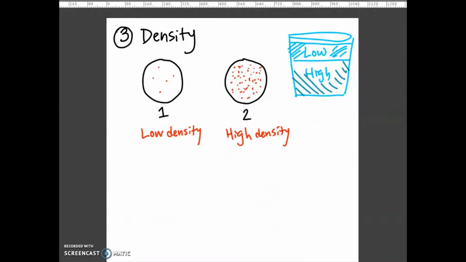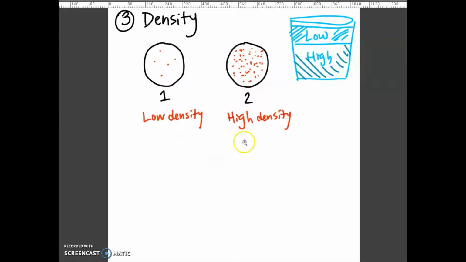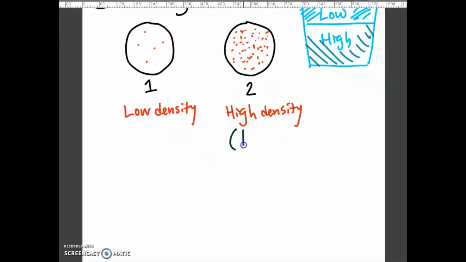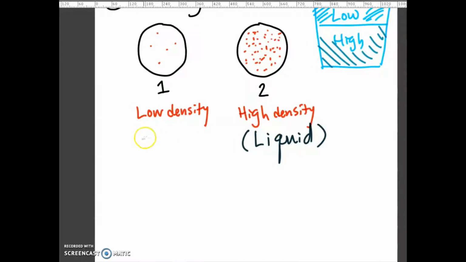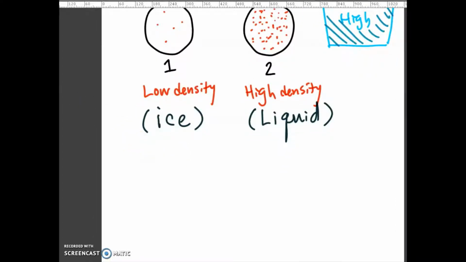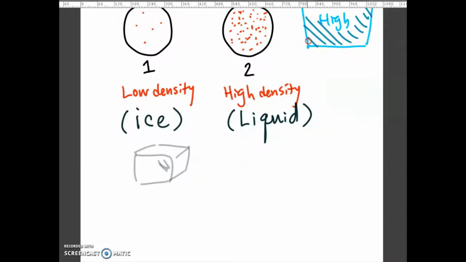That is because water, as a liquid, is going to have relatively high density compared to its ice form. So your ice form of water is actually going to be slightly less dense than your liquid form of water, the puddle of water.